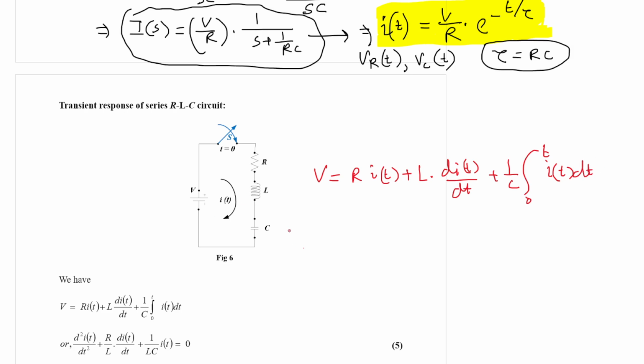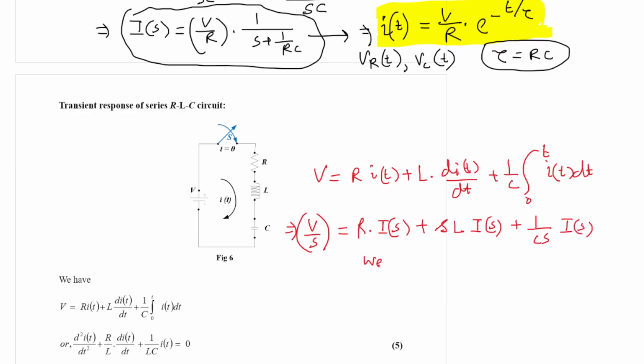If you apply the Laplace transform, it will become V by S, then R into I(s) plus S L I(s) plus 1 by CS into I(s).